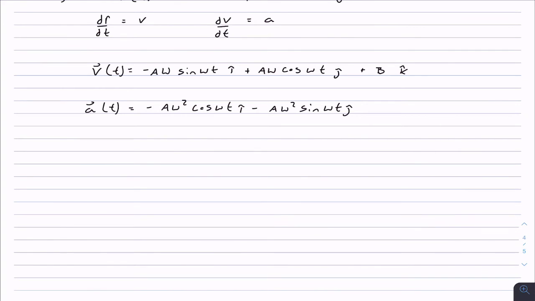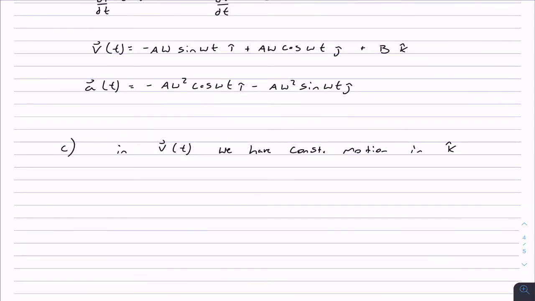Part C is describe the z component of v of t and a of t. Oh, I just did that actually. I was just describing the z component. But I will say it again because this is part of it. In v, since this is specifically asked in the question, we have constant motion in the z hat direction, the k hat direction.